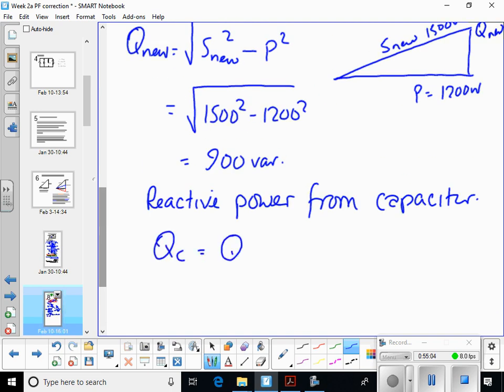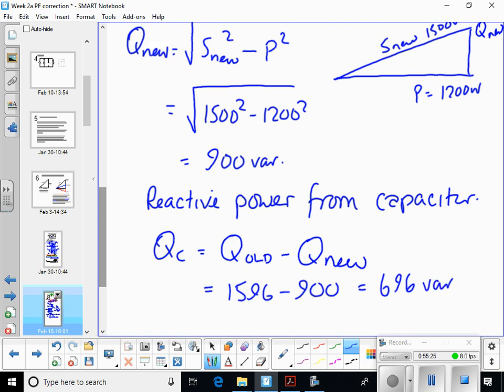QC is equal to Q old minus Q new: 1596 minus 900, 696 var. Now that's how many volt amps reactive this capacitor's got to provide. We want to know how many farads or microfarads of capacitance we've got to put in, what value of capacitance we need to improve to at least 0.8 power factor.